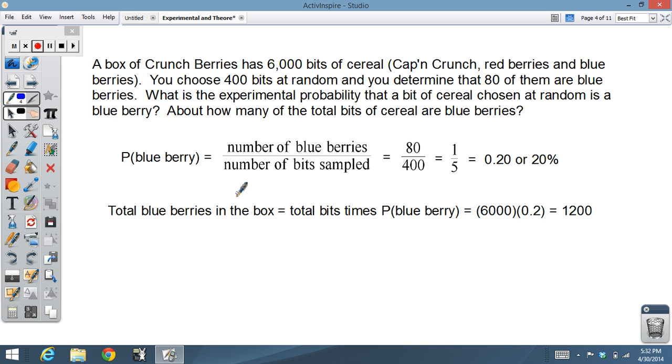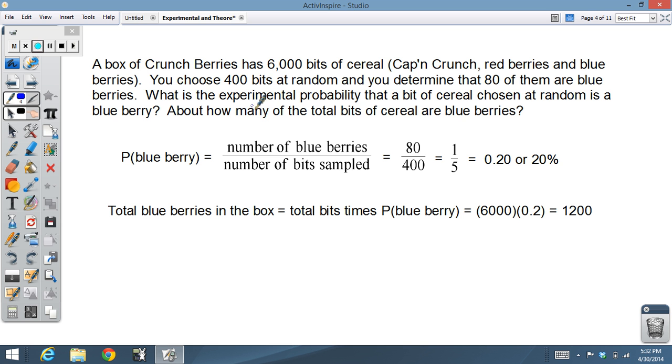Okay, here's one. A box of Crunch Berries has 6,000 pieces of cereal. Some of them are Cap'n Crunch, and some of them are red berries, and some of them are blueberries. So you choose 400 at random. You count all 400, but you find that 80 of them are blue.